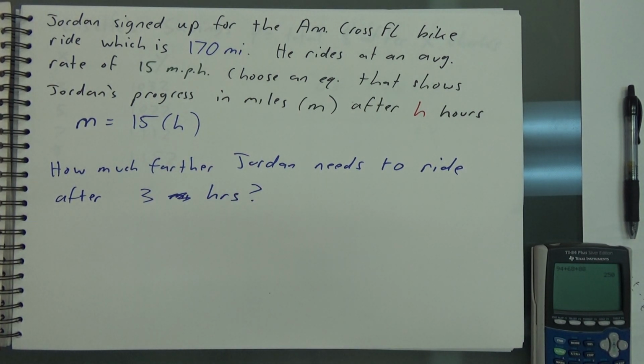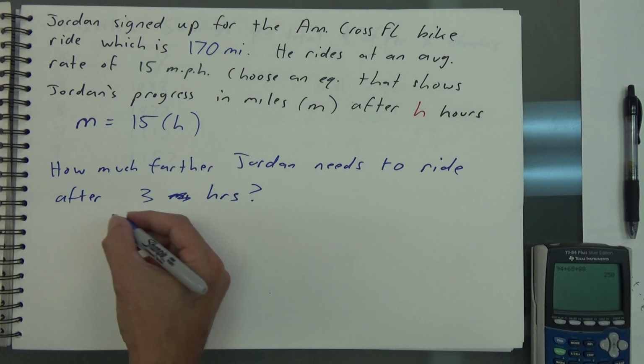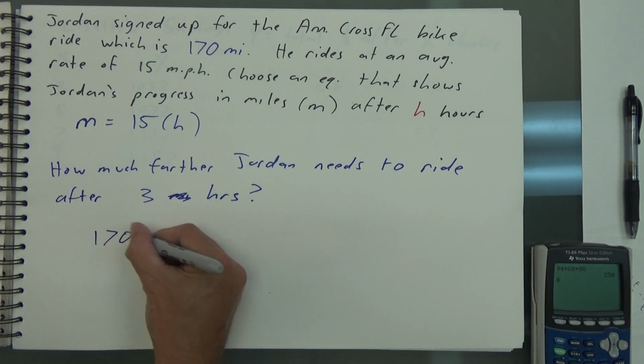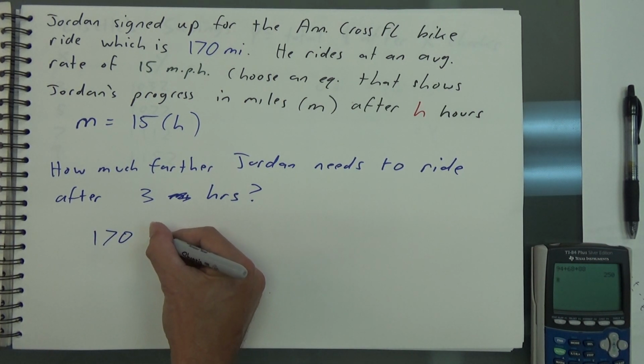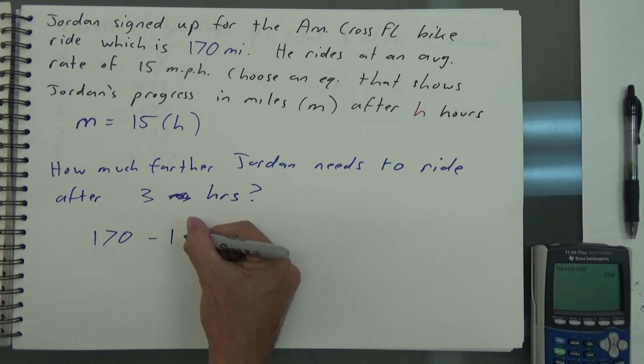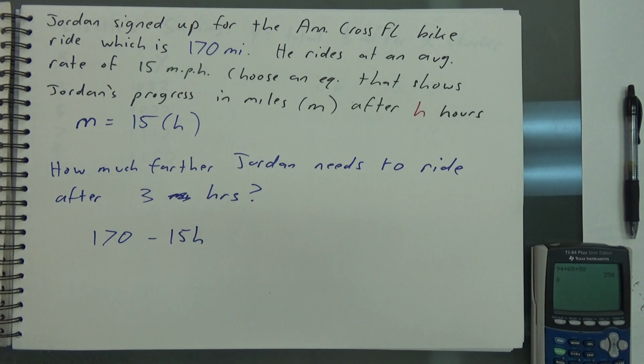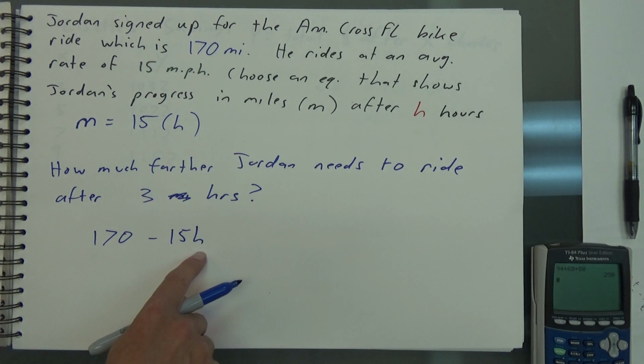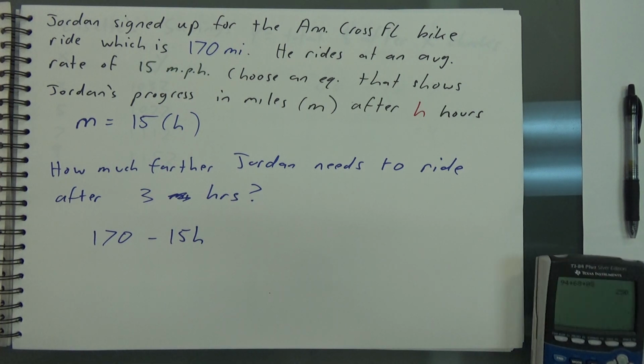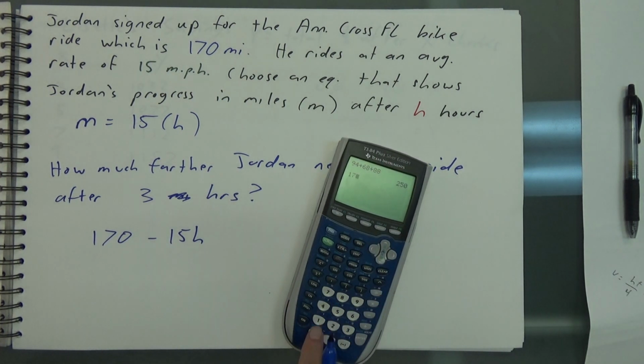then you'd say, well, at any given time, he has 170 minus 15h miles to go. So I could plug in 3 for h, right, 45.